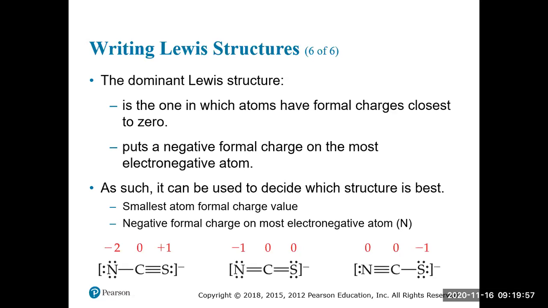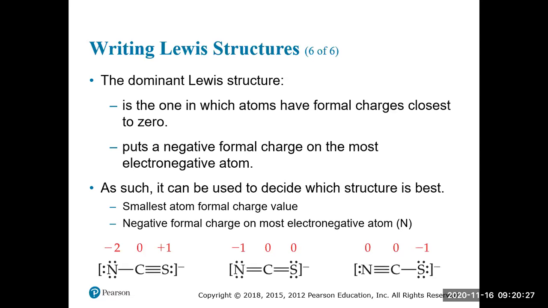So right off the bat, we'll eliminate that first one because we have a -2 and a +1. And we said we like the Lewis structure in which the atoms have formal charges closest to 0. There we've got a -2 and a +1, whereas the other 2 have 2 zeros and then a -1. So we rule out the first structure.